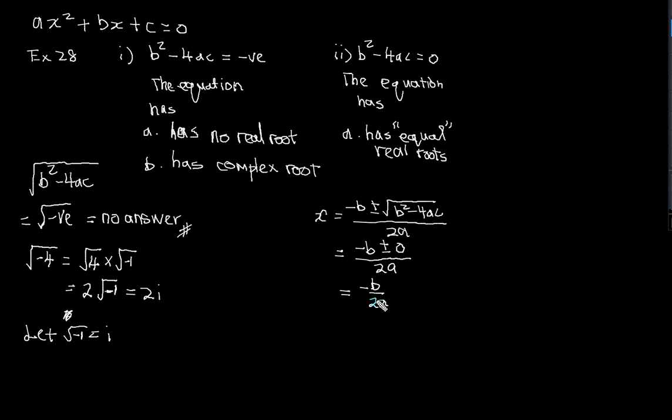If there's only 1 point, a curve intersects with a straight line only when the straight line is a tangent to the curve. That's for additional maths. But as far as this maths is concerned, having equal real roots means the answer is minus b over 2a. You get it?